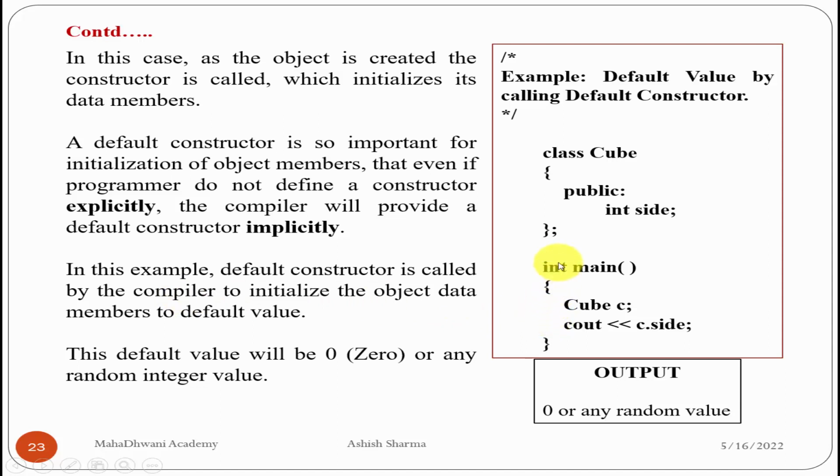Whether or not the programmer writes the source code for the constructor, if you are not writing it, your compiler will definitely call the default constructor and a random value will be put in the data member of the class. This default value will be 0 or any random integer value. This is the output if you are not providing a definition of the constructor in your program.